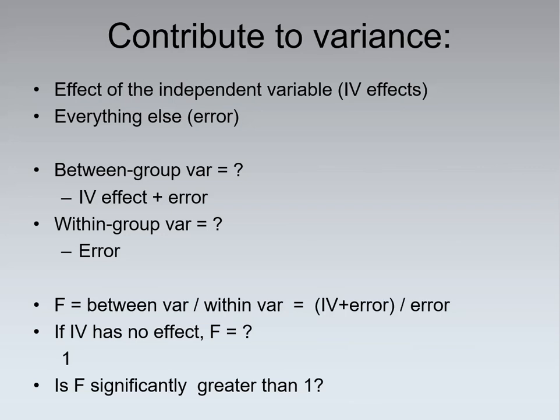Now, you might be thinking, well, independent variable effect, okay, that makes sense because everyone's their own group, but why is error there? Well, error is present everywhere. We can't always control for it, and sometimes maybe one group is treated a little different, or one group of people have a bad day and another one has a really good day. We don't know exactly. Due to that, we assume that there is some error in there.